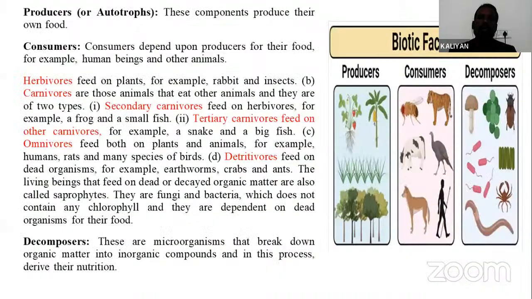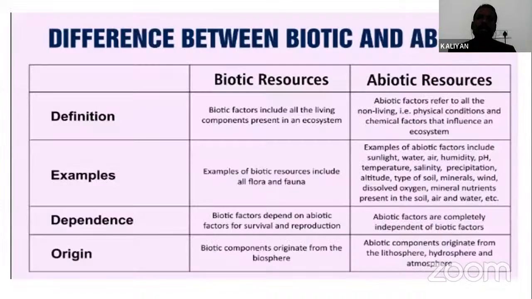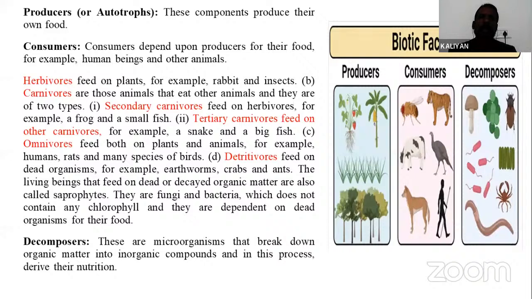In biotic components, there are three components: the producer, consumer, and decomposer.